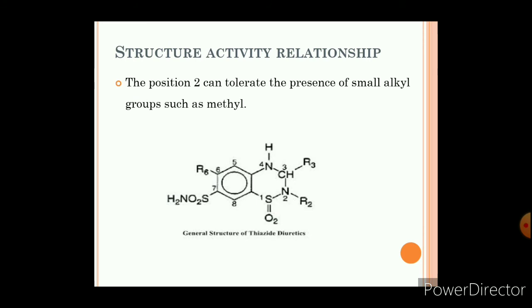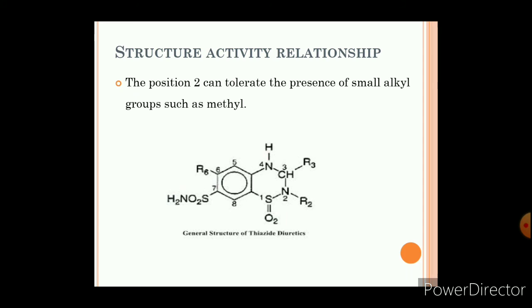The next part of diuretics is the SAR, meaning structure-activity relationship, of diuretics. This is the general structure of thiazide diuretics.